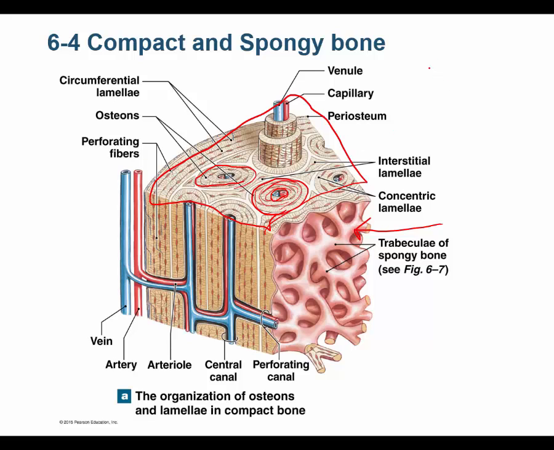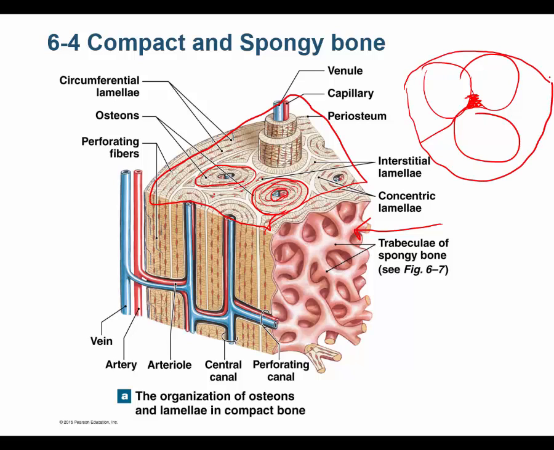Now there's a problem, and the problem is when you put circles together, you have spaces in between them, by definition of those being circles. So what do we have in between these circles? We have interstitial lamella filling in these areas in between the circles. And likewise, when you have a periosteum surrounding your whole bone, you also have spaces between the circles and the outer layer, the outer periosteum.